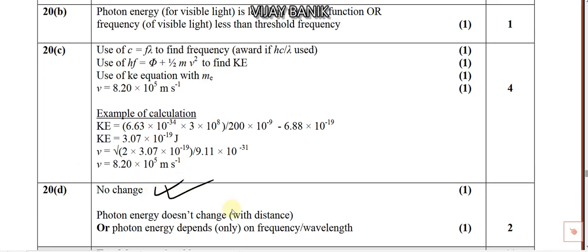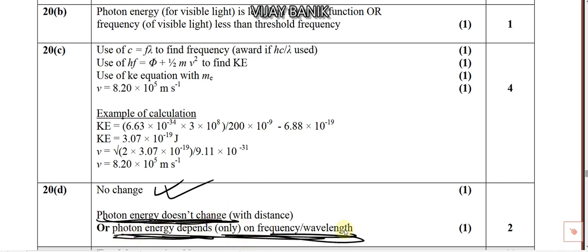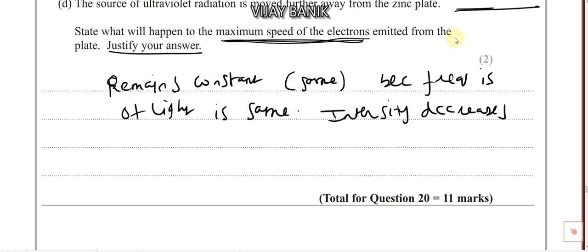Photon energy does not change. Photon energy depends on wavelength or frequency. Remember, if the frequency is the same, the photon energy is also the same as before. I hope you understood this question as well.